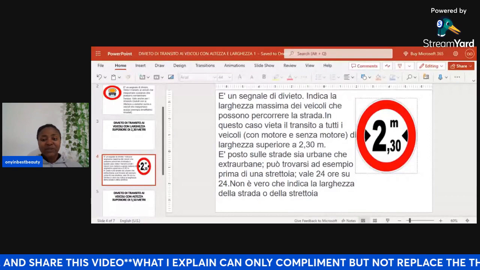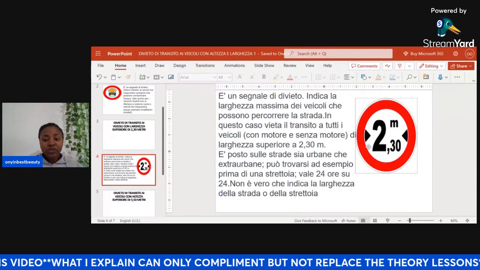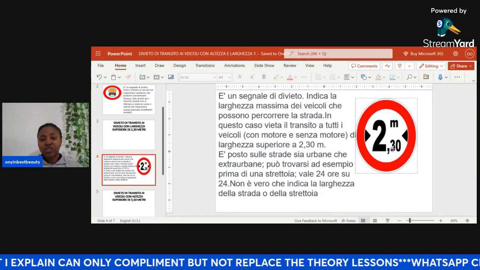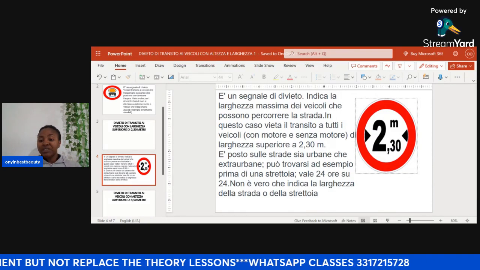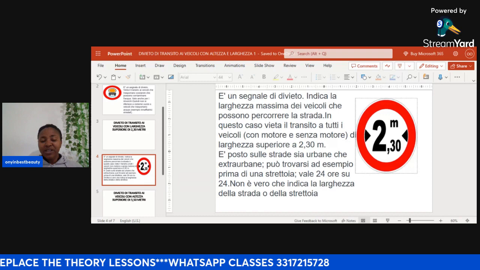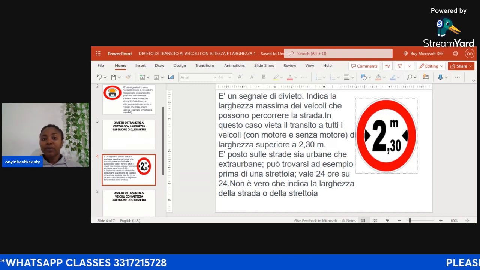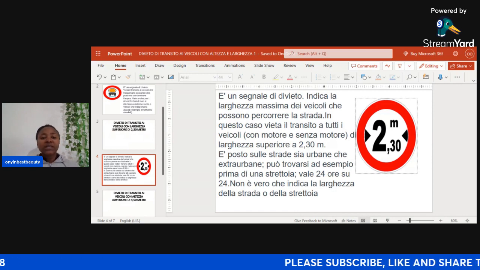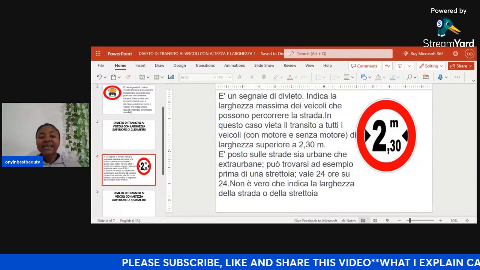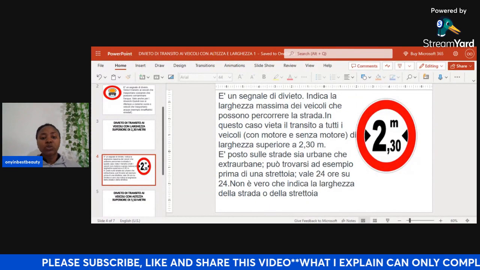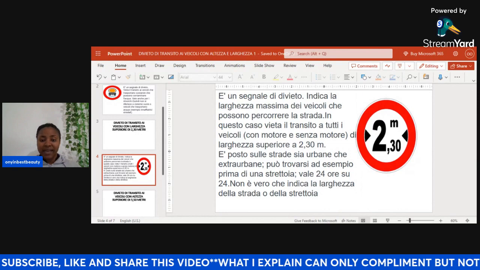So back to what I was saying. You get to know them by their shape, the background color of the sign, and what image is inside the sign, or rather, in this case, what is written inside of the sign. It says, un segnale di divieto. Now, this is segnale di divieto. Indica la larghezza massima dei veicoli che possono percorrere la strada.